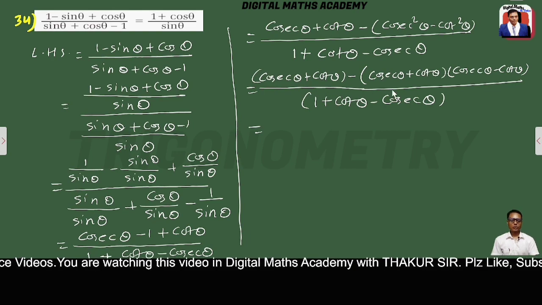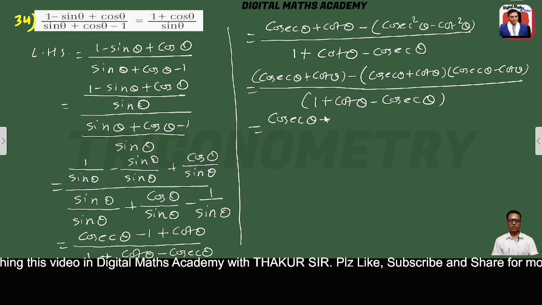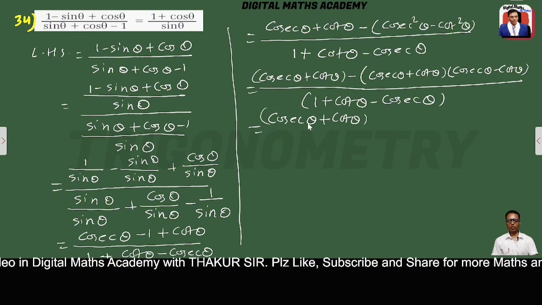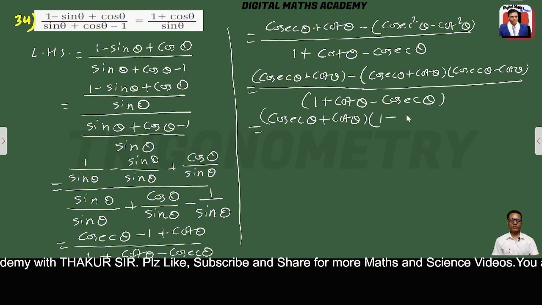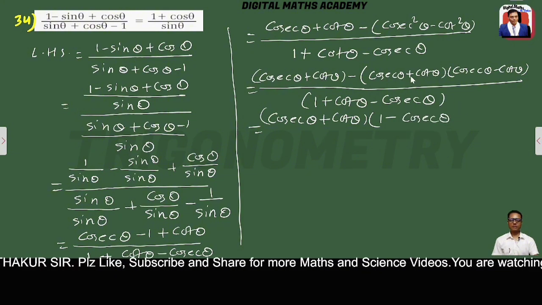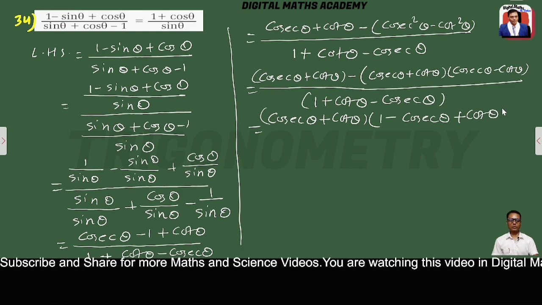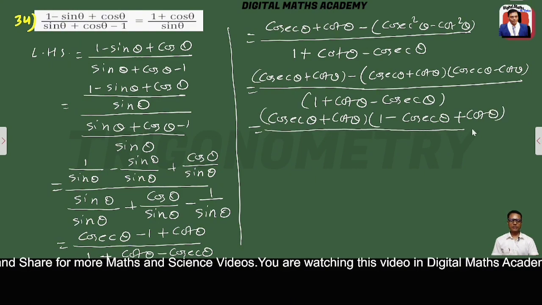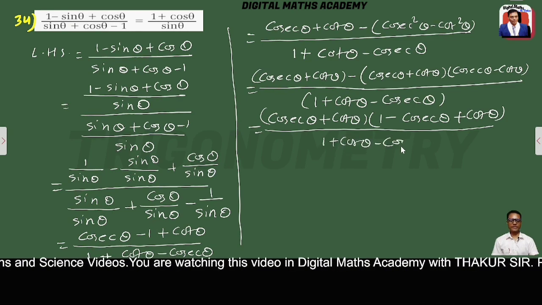Now cosec theta plus cot theta we are going to take common, so we can write here cosec theta plus cot theta, it's a common, and we have here 1 minus, and then sign will change, so we can write here minus cosec theta and minus times plus cot theta, right, because cosec theta plus cot theta is common, and down of that we have here 1 plus cot theta minus cosec theta.